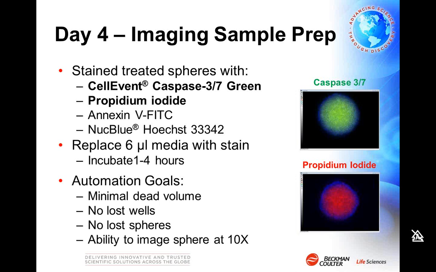Propidium iodide is not, but the caspase 3/7 was on the expensive side, so we certainly didn't want to waste our staining reagent. And because of this, we actually put them into a 96 well plate, much like we did for the compound dilution curves. We also wanted to avoid any lost wells due to pipetting or movement, and no lost spheres due to the removal of the media. And we also wanted to have the ability to image the sphere at 10x, and I'll talk a bit more about that at the end.